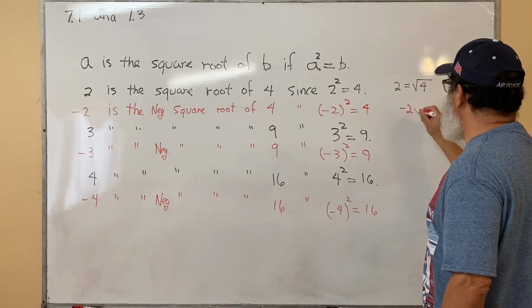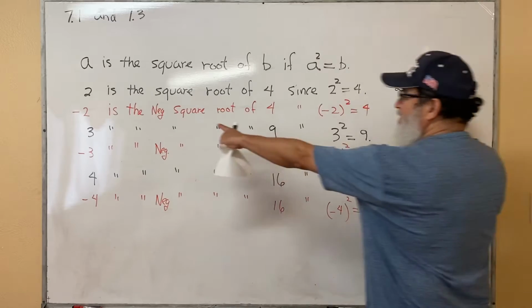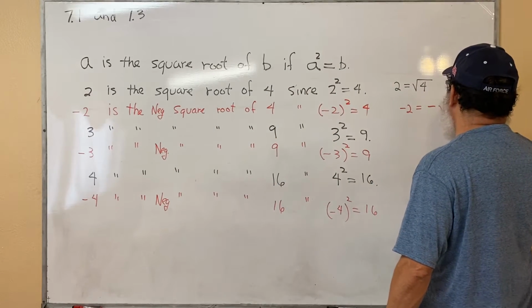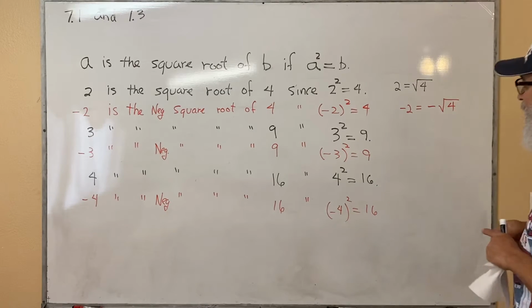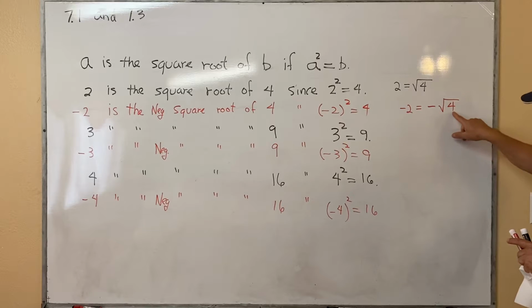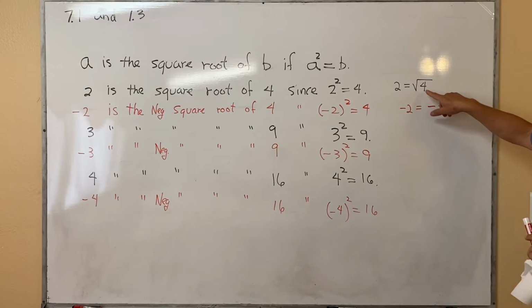Negative 2 is the negative square root of 4. Why? Because when you square negative 2, you get 4. And 4 is called a radicand. This 4 is called a radicand.